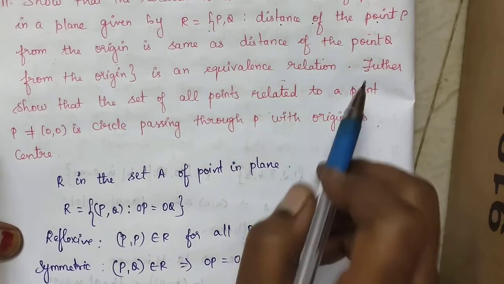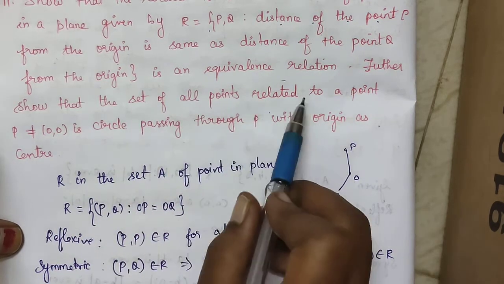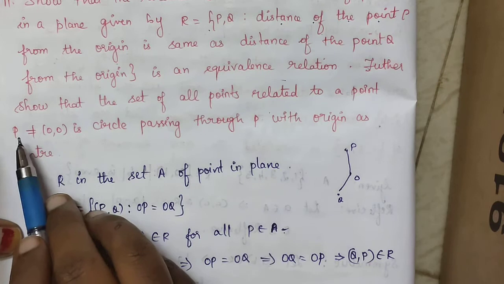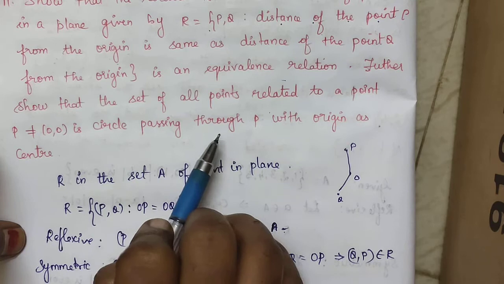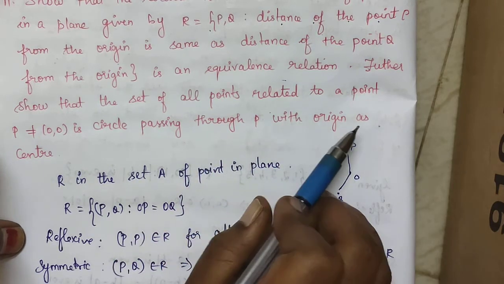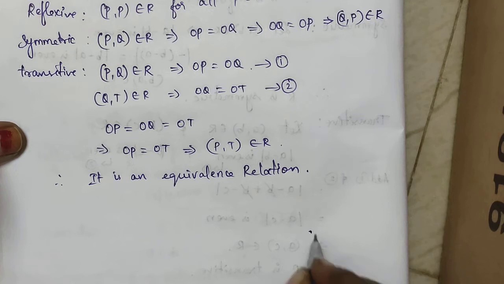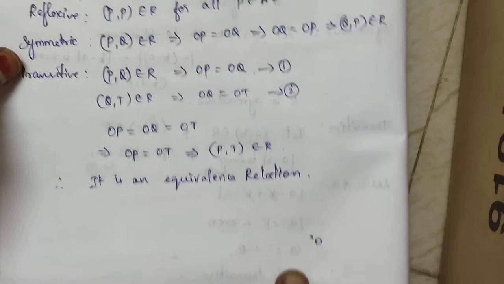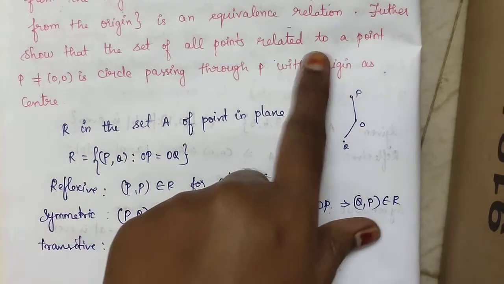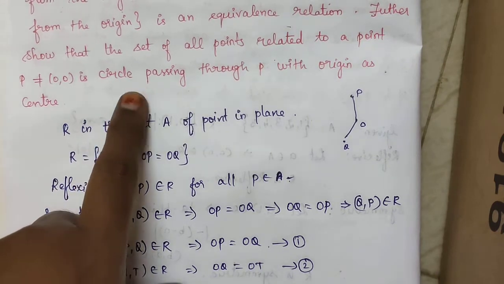Further, what we have to prove? Show that the set of all points related to a point P not equal to (0, 0) is a circle passing through P with the origin as center. See, P is not at the origin. Let us take the origin point as O. The set of all points related to the point P is a circle. We want to prove that this is a circle.